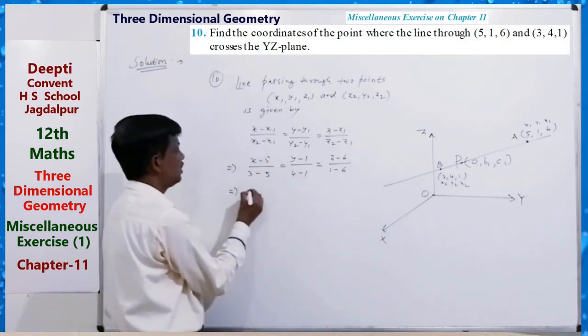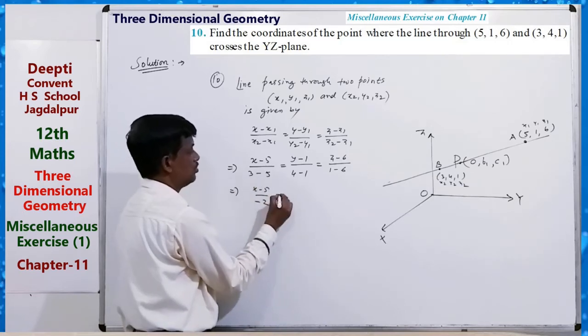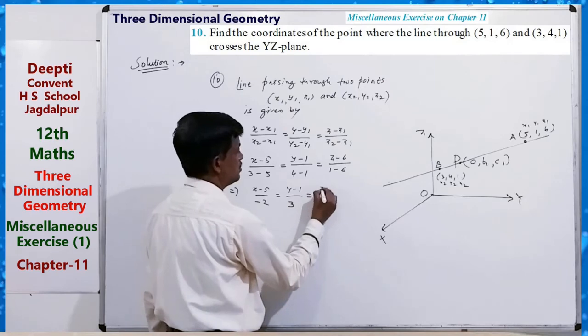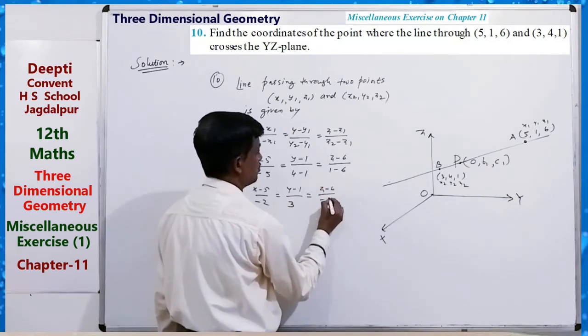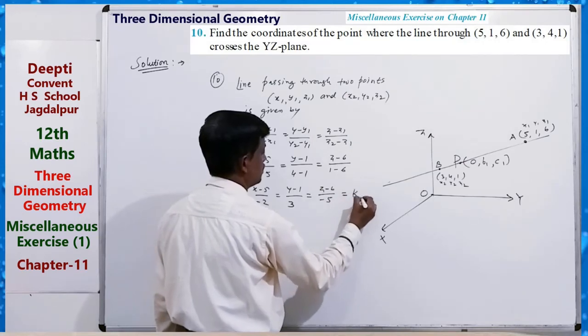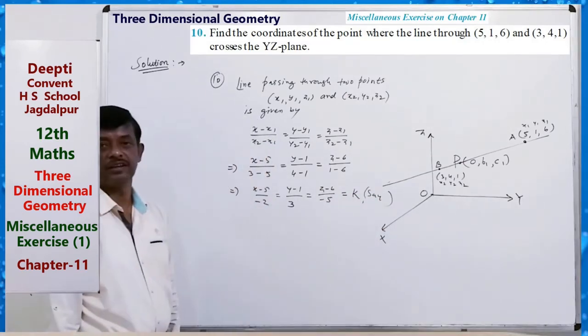So we can write it like this: x minus 5 upon minus 2, y minus 1 upon 3, z minus 6 upon minus 5 equals k. Suppose these 3 ratios are equal to k.